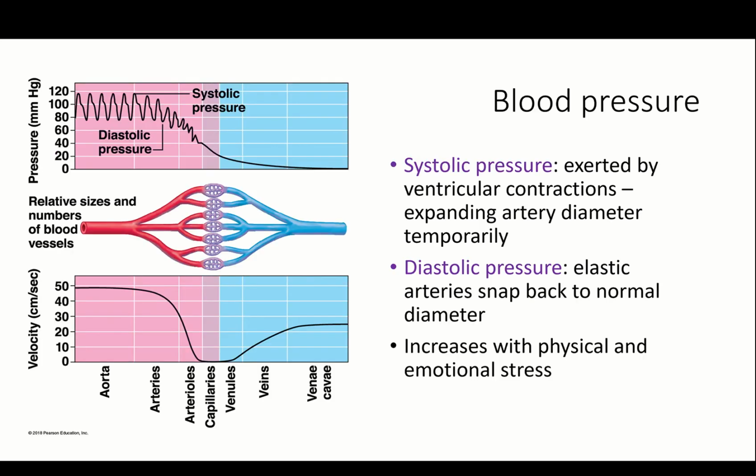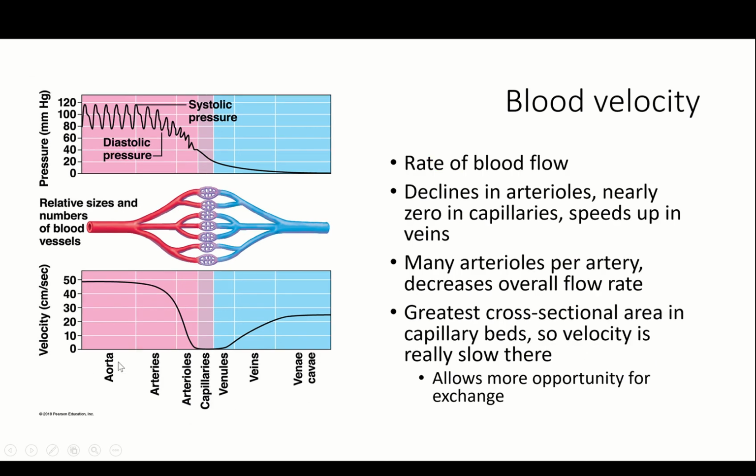If we look at this from a perspective in which we can measure things, you're going to have what's called systolic pressure and diastolic pressure, because remember that we have the diastole state of the heart and the systole state of the heart. All of this relates back to how the heart contracts. In this graphic, we start at the aorta, then the arteries, then the arterioles, then the capillaries, the venules, the veins, and the vena cava.